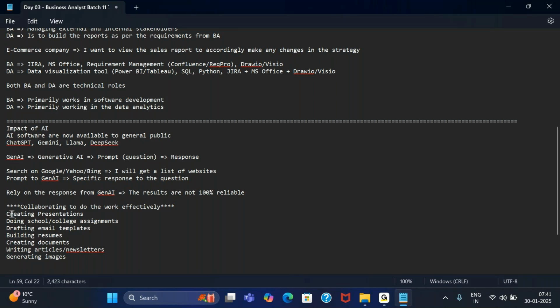Okay. So the Gen AI is capable of generating images on the fly as well. Okay. So you no longer have to spend time thinking about the design, the color code, the color combination, okay, all that. All you have to do is just ask the Gen AI and provide them with the relevant information.